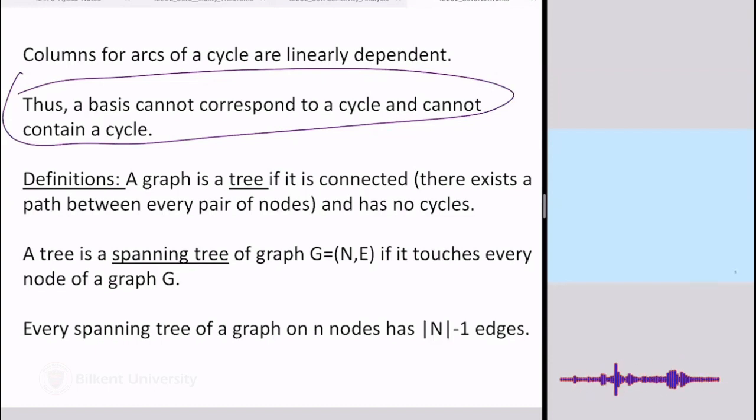And remember, I'm trying to find the basis, right? And we have just seen that cycles are linearly dependent, so I cannot have a cycle. That brings us to this definition: anything in a graph which does not contain any cycle and is connected is called a tree.